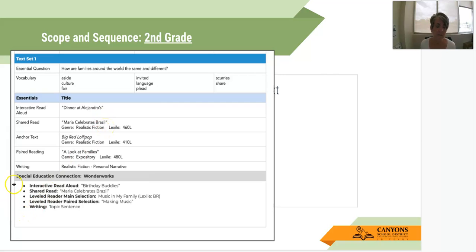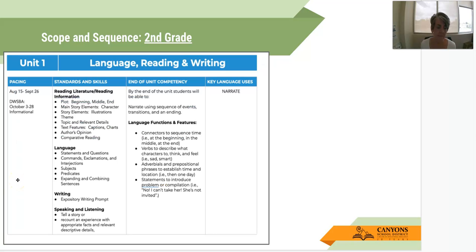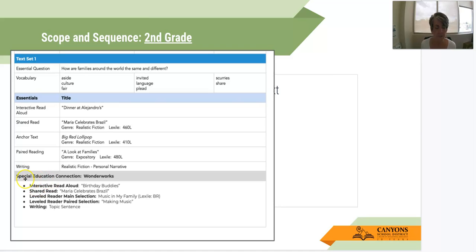There's a new piece that you haven't seen in a map yet, and that is this portion here for special education. And it's grayed out because as a classroom teacher for general ed, you don't need to worry about it as far as teaching it, but you want to know about it because if your students are going to special education, these are the things that they will be learning.